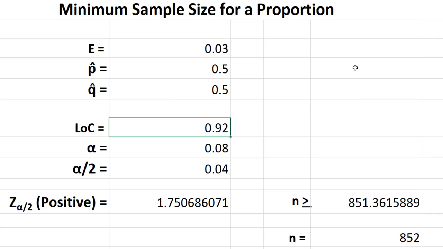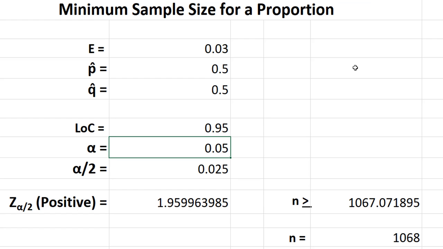We default to a 95% level of confidence, or 0.95. Alpha populates as 0.05. Alpha over 2 is 0.025. That gives me a z sub alpha over 2 of 1.95996, etc. No matter where I round this, it's still going to be 1.96, and that's why I put 1.96 on the problem page.